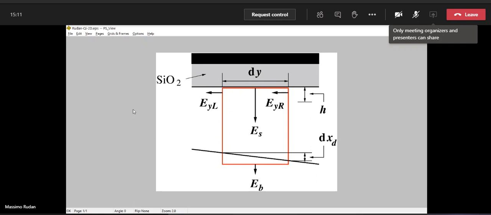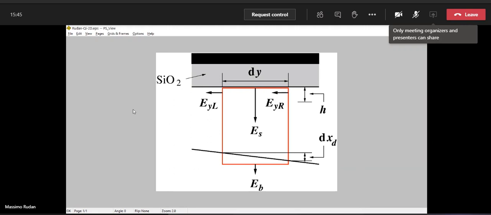And then we take an elementary portion of the channel of width dy, exactly the same elementary strip as we had in the other figure. The only difference being that it is not necessary to extend the elementary strip down to the bulk contact. It is sufficient to reach the edge of the depleted region, okay?